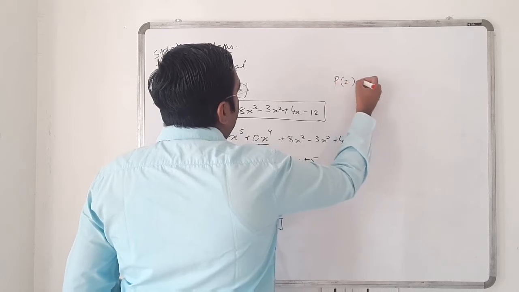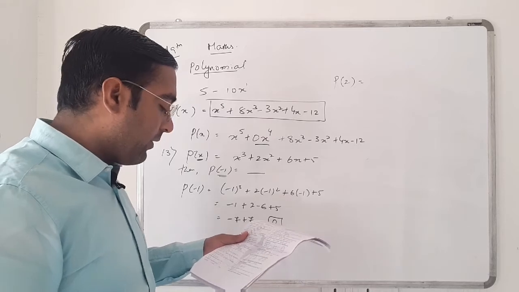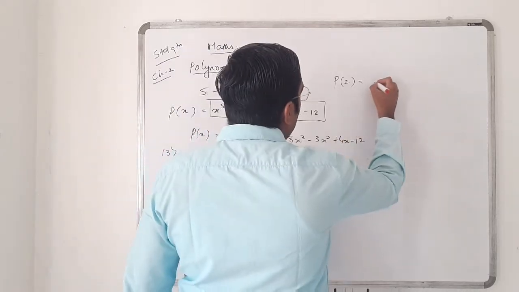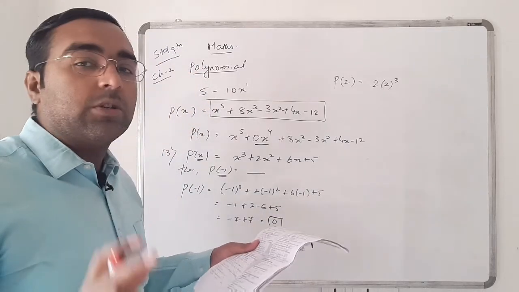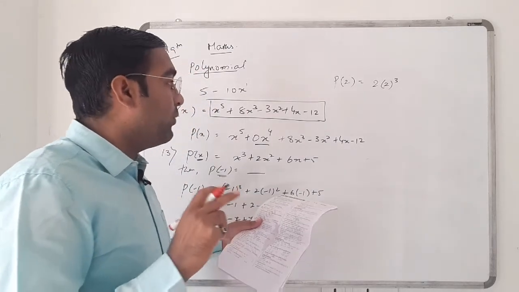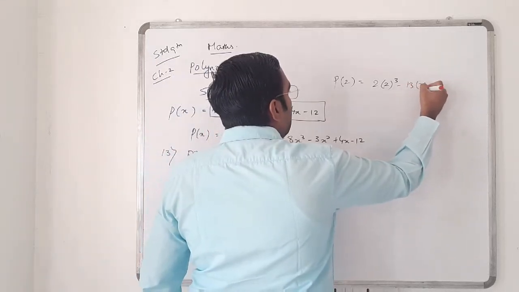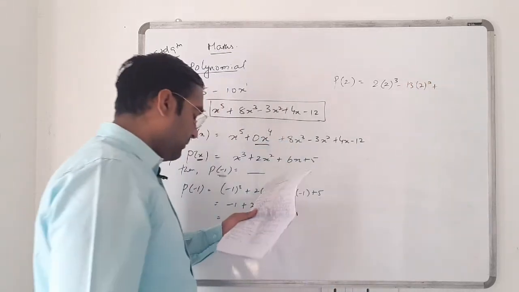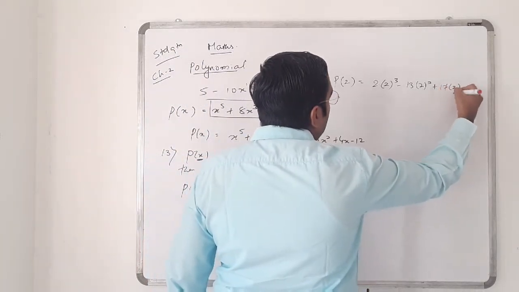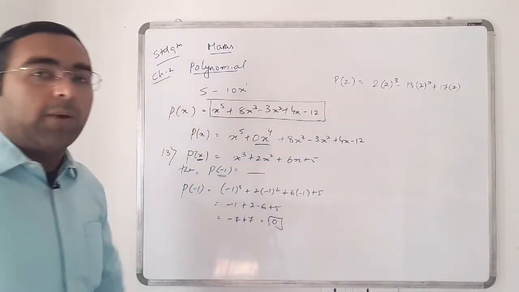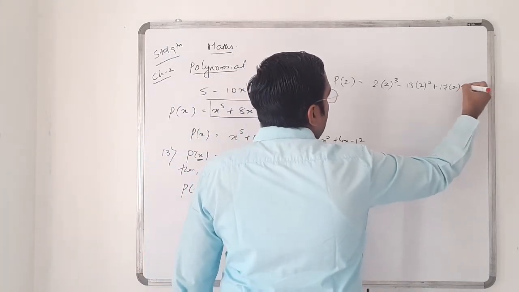So I take the value of x in the equation equal to 2: 2 into 2 cube minus 13 into 2 square plus 17x, that means 17 into 2, plus 12.